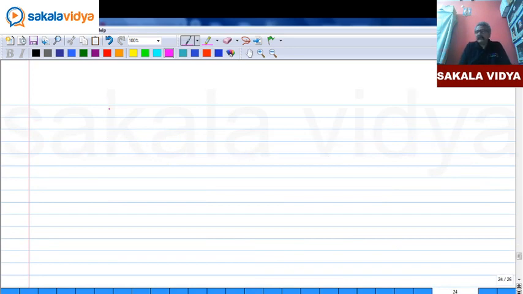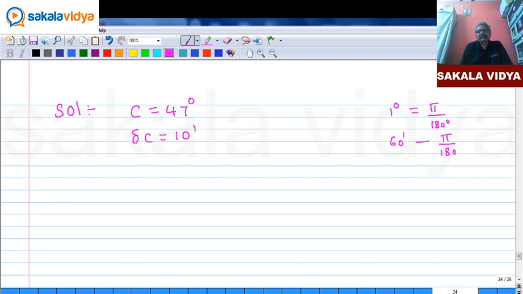So, now what is given actually in this problem? Solution. See, C is equal to 47 degrees, delta C is 10 minutes. 10 minutes means you need to change. 1 degree is equal to 60 minutes, and 60 minutes is equal to pi by 180 radians. 10 minutes is equal to how much? 10 by 60 into pi by 180.